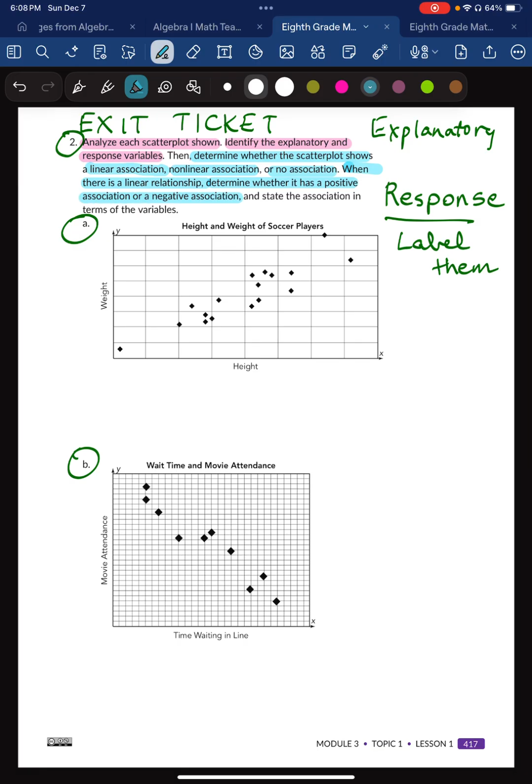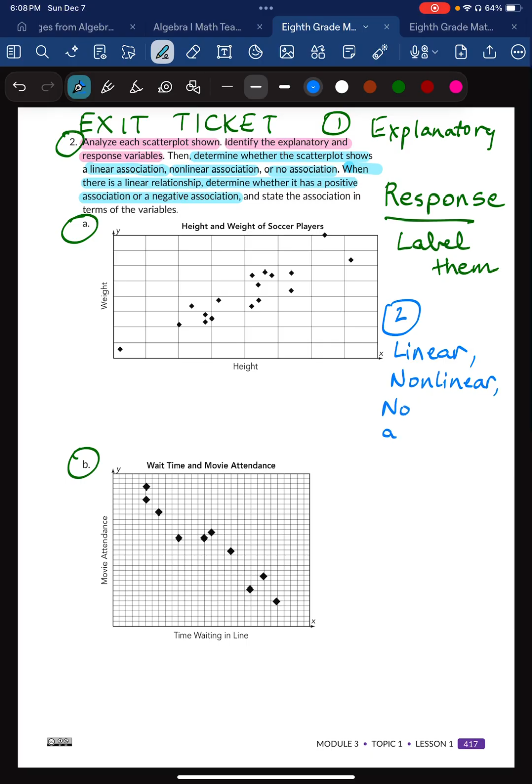So let me give you some instructions. Number 1, label the explanatory and response variables. Number 2, linear or nonlinear, which is kind of the same as no association.